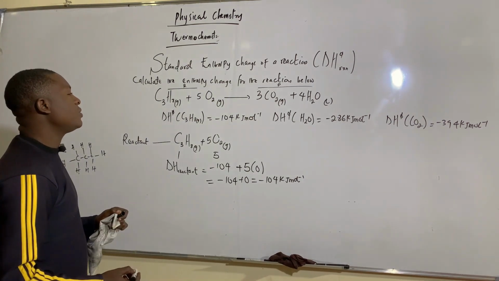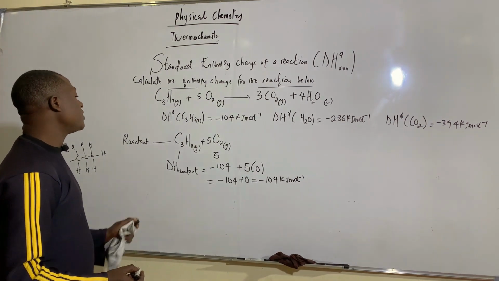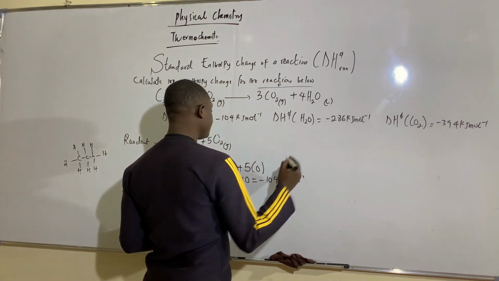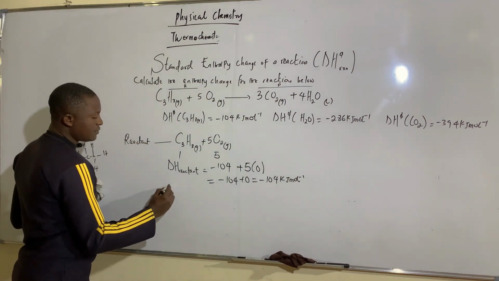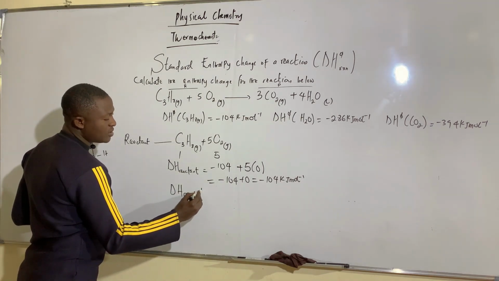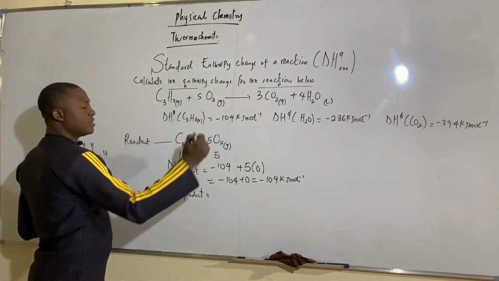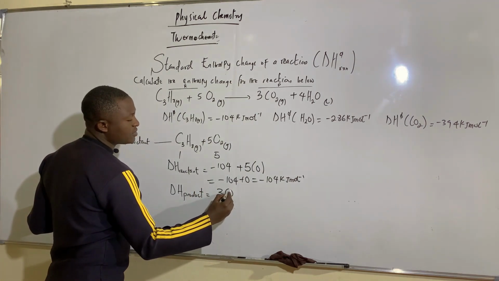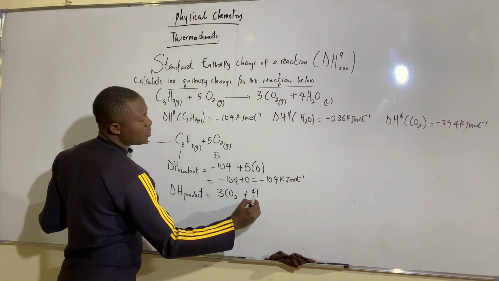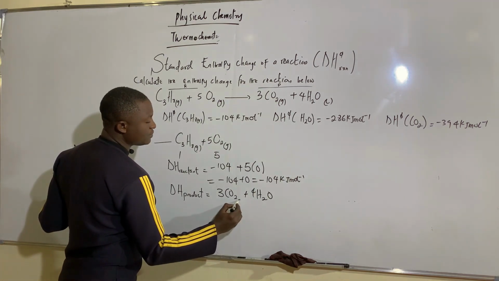So we have gotten the value for the reactant. Now let's see the product. What we have at the product side is 3 carbon dioxide and at the same time 4 H2O.